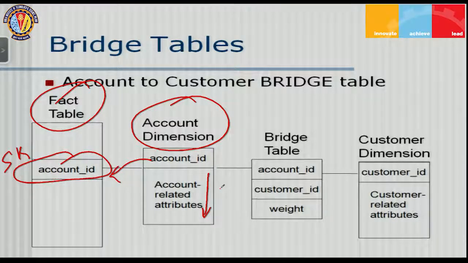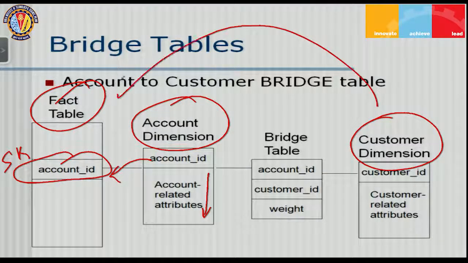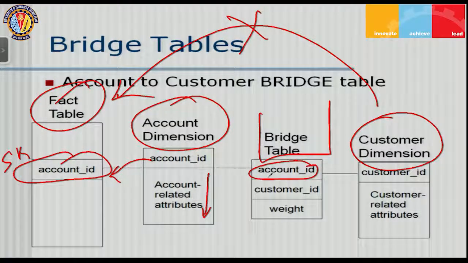So we create a customer dimension, but this dimension does not talk directly to the fact table. So what we do is we link the account dimension and customer dimension through what is called a bridge table. So we have an account ID, okay, and we have a customer ID, and these two form the primary key for this.